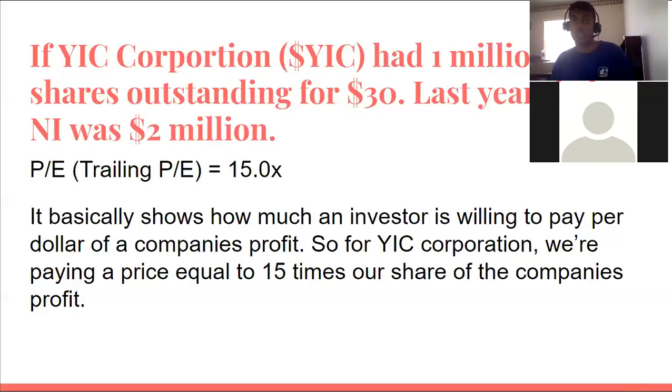The PE ratio is known as a trailing PE because we're calculating using historical information, and it's one of the easiest multiples to understand. It basically shows how much an investor is willing to pay per dollar of a company's profit. That's pretty much what the PE ratio is. So for the YIT Corporation, we're paying a price equal to 15 times our share of the company's profit.